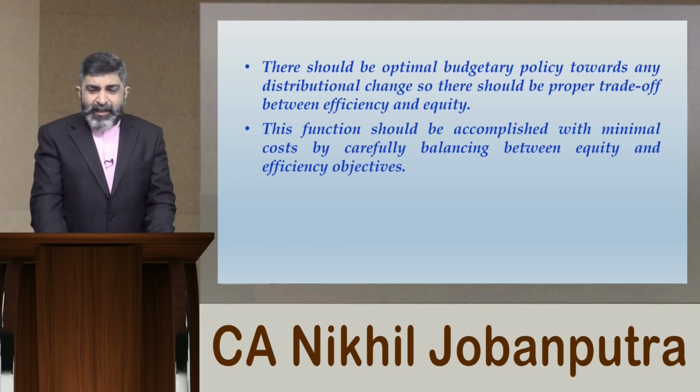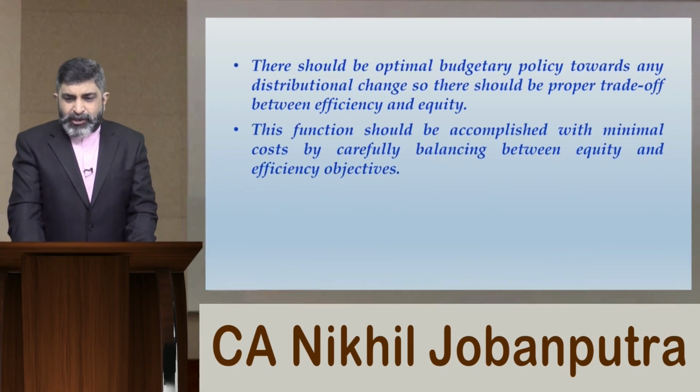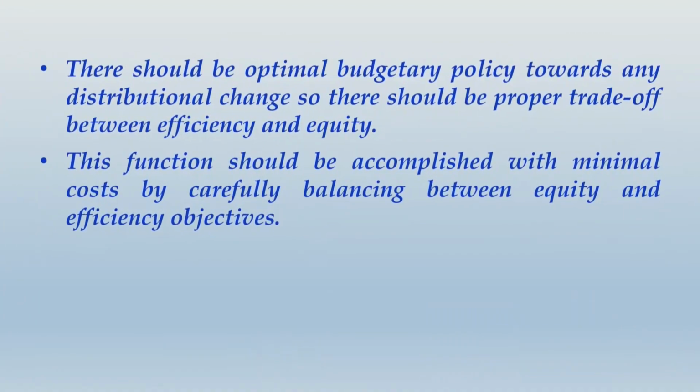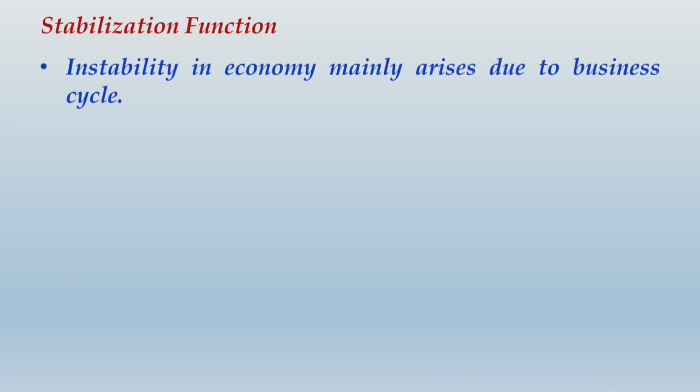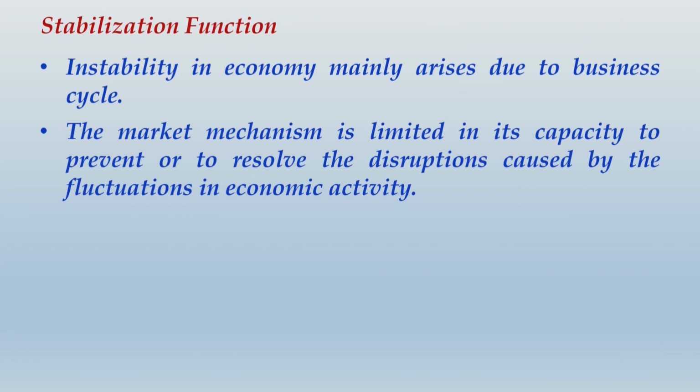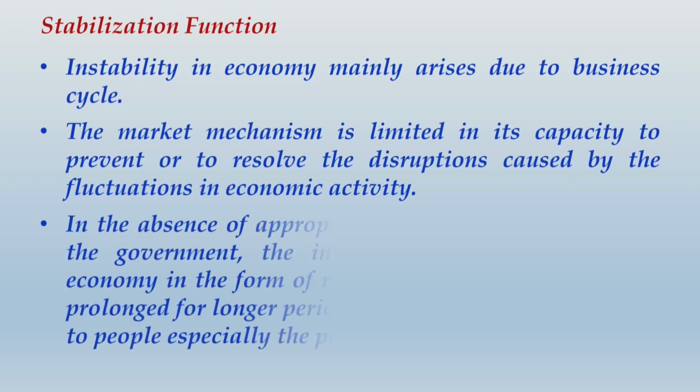So let us move ahead and let me take you to another function, and that is the last one over here. Alright friends, once you have finished writing this much, let us move to the last function, that is the stabilization function. Instability in economy mainly arises due to business cycle. The market mechanism is limited in its capacity to prevent or to resolve the disruptions caused by the fluctuations in economic activity.